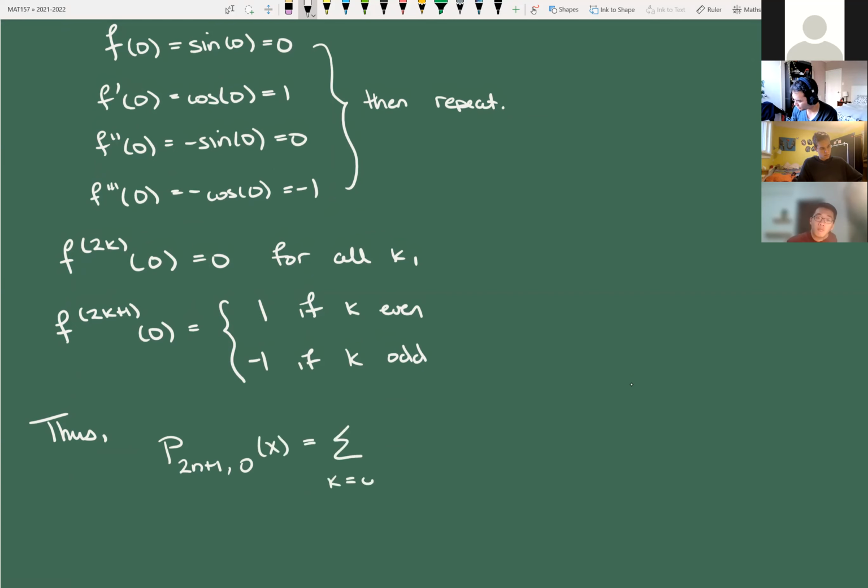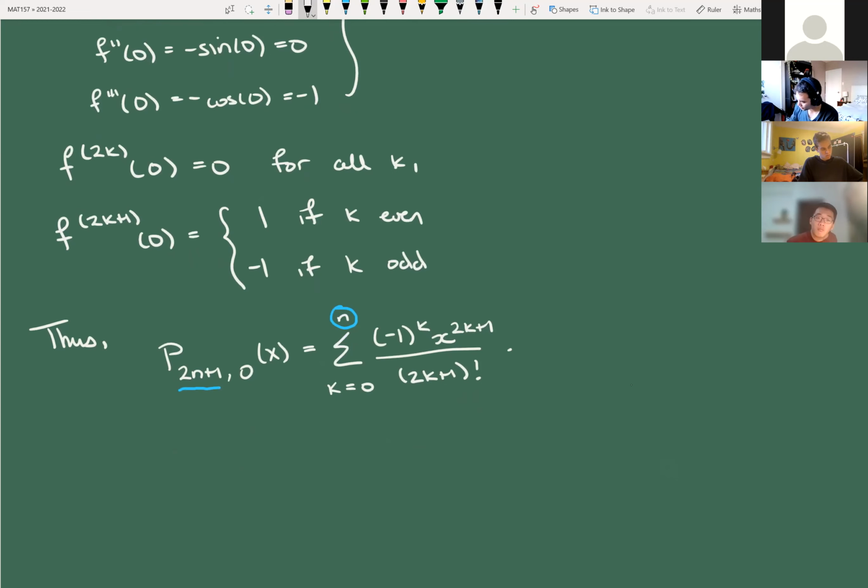So we're going to get the sum k from 0 to n, negative 1 to the k, x to the 2k plus 1, over 2k plus 1 factorial, like that. Okay, and again, you'll notice that this is written a little bit differently than we're used to. Here, I have 2n plus 1, but up here, I just have n, right?